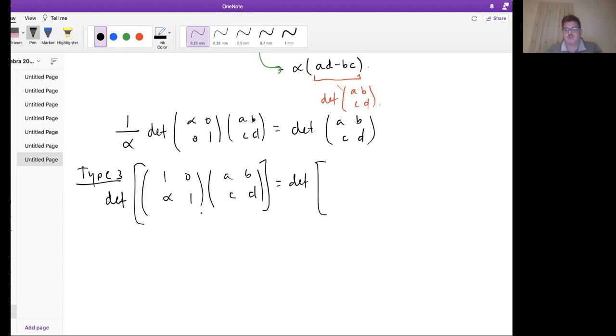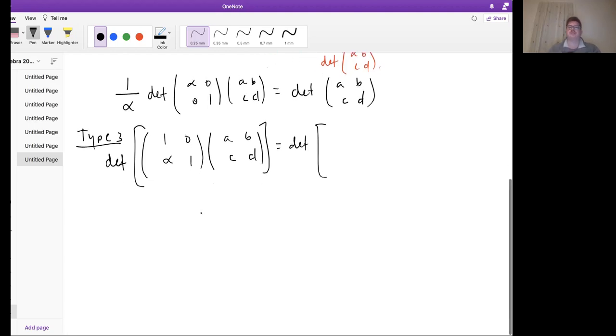So the row operation is what? 1, 0, alpha 1. It's not a type 2. Alpha row 2 would be a type 2 operation.